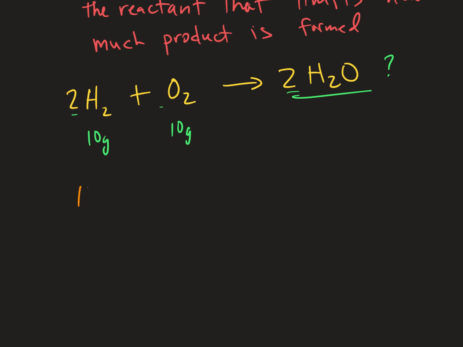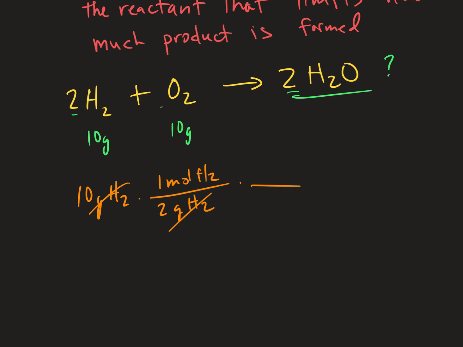Okay? So let's start with 10 grams of hydrogen, because we just did this problem, didn't we? 2 grams of hydrogen, because that's the molar mass of hydrogen for every 1 mole, right? Then what do we do after we convert it to moles? Well, check your mole roadmap.